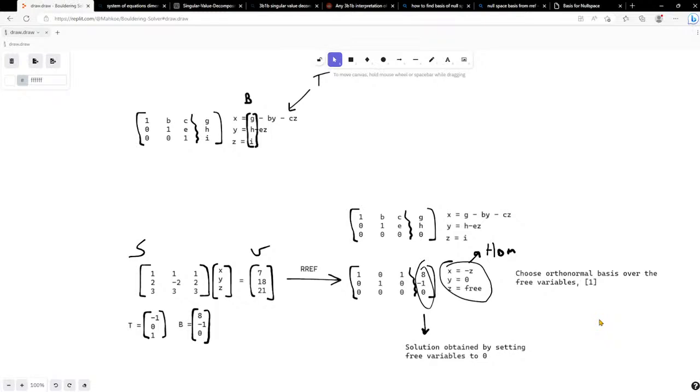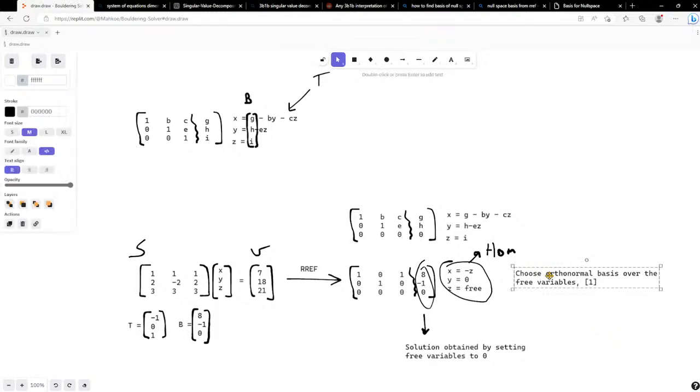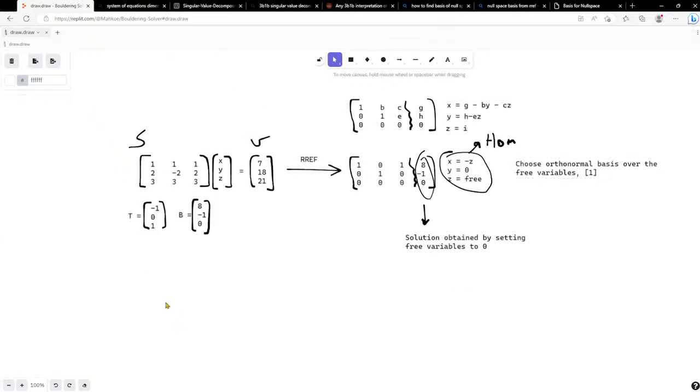Now here's something really interesting that we can do. Earlier I chose the orthonormal basis over the free variables, which is fine. But there's one last step here.